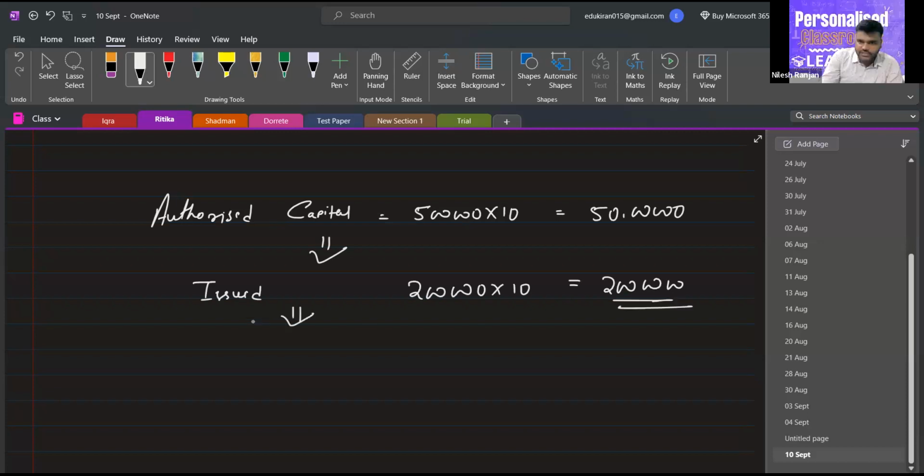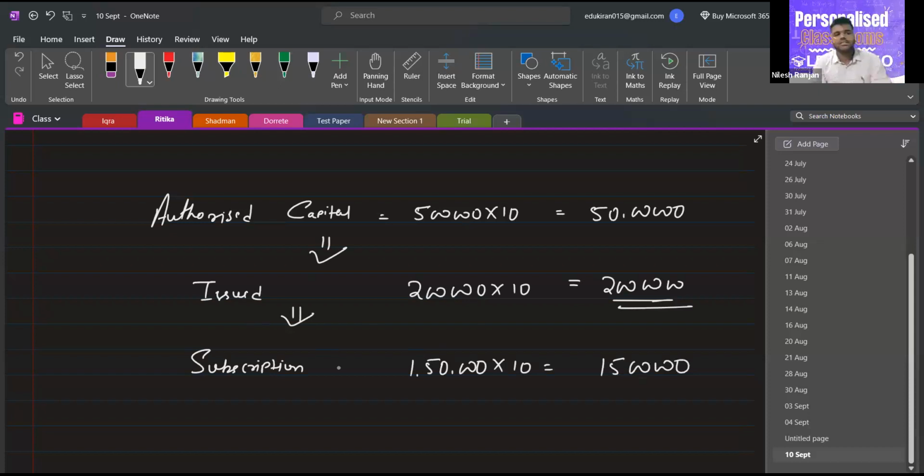Now, it is possible that the subscription will come for fewer shares or more shares. We'll discuss more shares later. Let's say total application received is 1,50,000 into 10, total 15 lakh. It will be called our subscribed capital. It means the part of issued capital for which application is received from the public by the company.